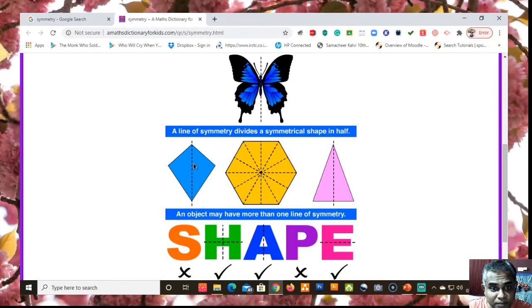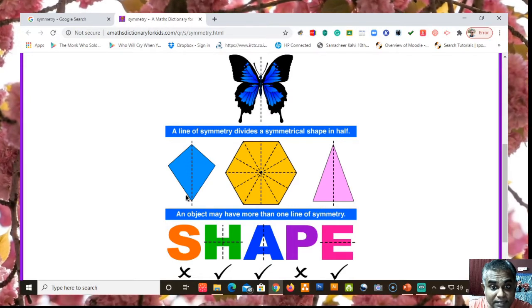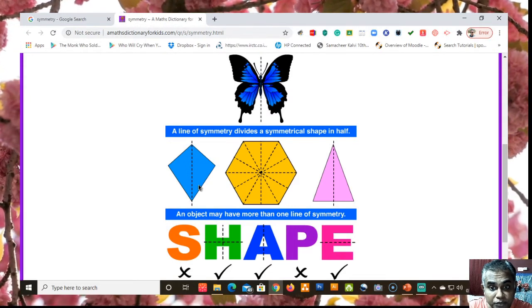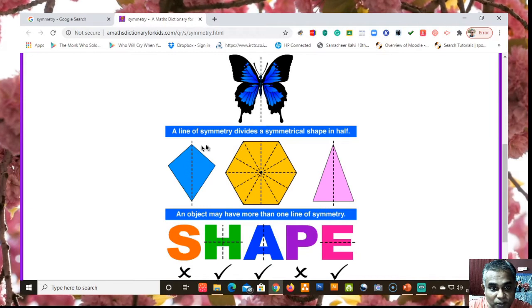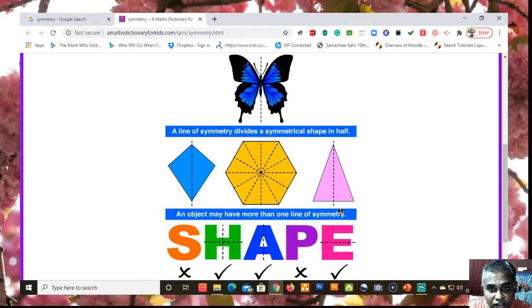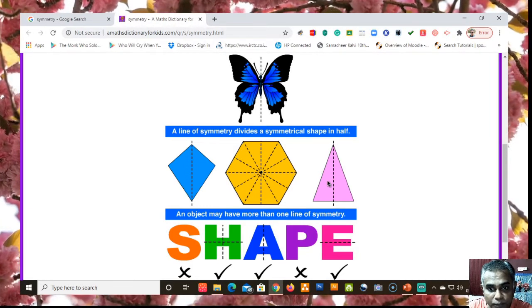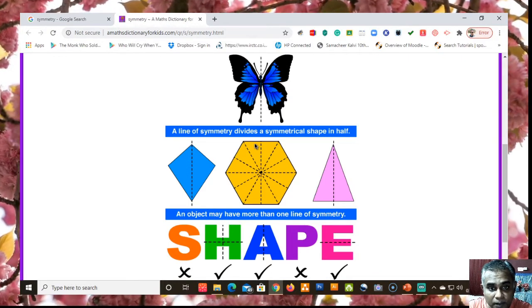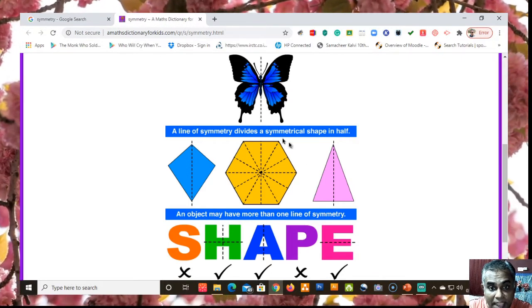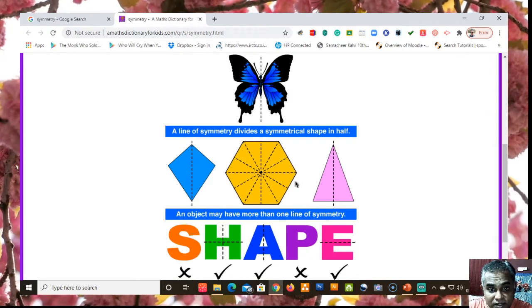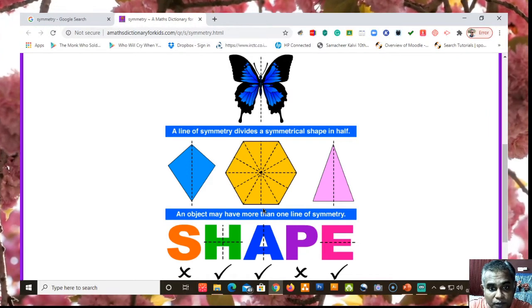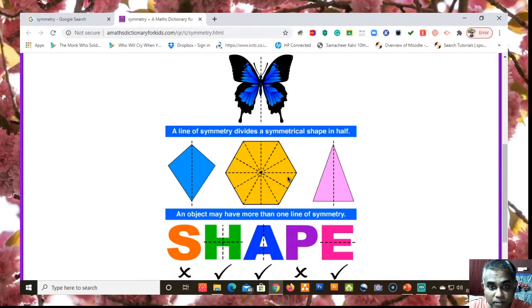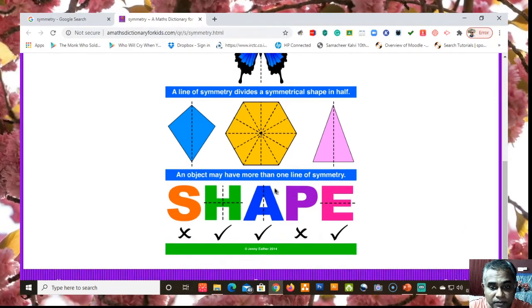A line of symmetry divides a symmetrical shape into half. So you can see all these shapes have a line of symmetry where one half is the mirror image of the other. This particular hexagon has several lines of symmetry which divides the shape into equal halves.